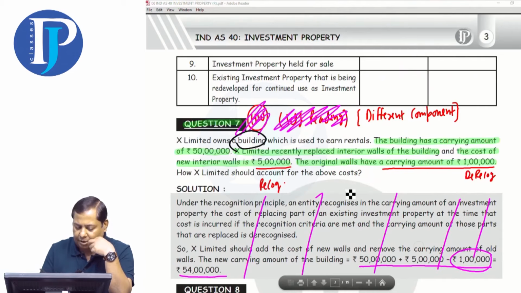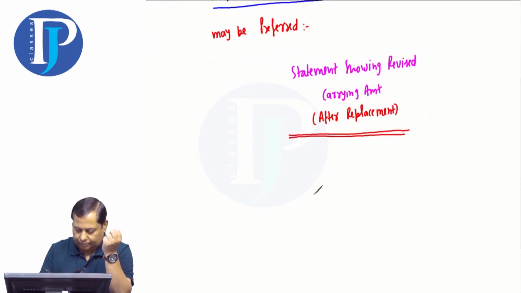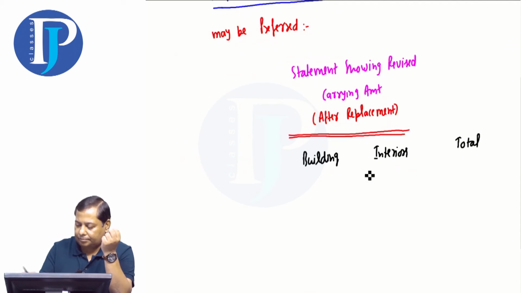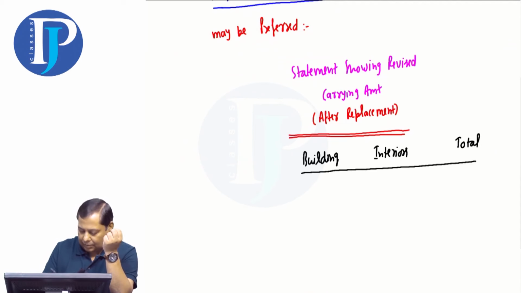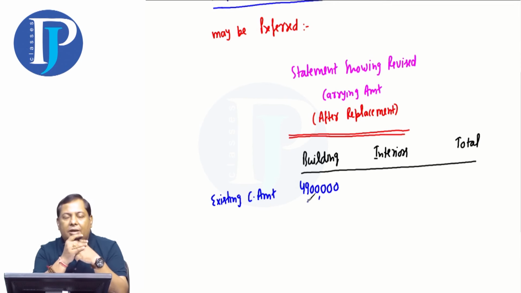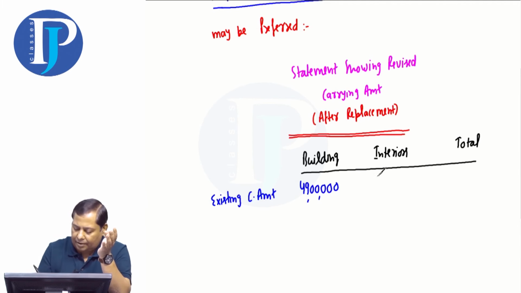Take building, then we have the interior wall. First a building, then we have interiors, and then total. Existing carrying amount is 49 lakhs. It's 50 lakhs in actuality, but the building includes interiors. They're not separate. The carrying amount is 1 lakh rupees for interiors. The total for building is 50 lakhs.